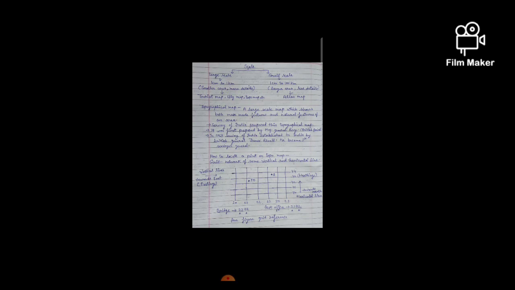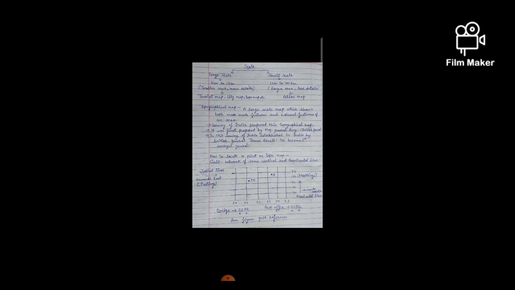It was in the British period, and the year was 1765. 2 years later, in 1767, the Survey of India was established in India by a British general named James Rennell, and he became the first Surveyor General of India. So these were some points about the topographical map.